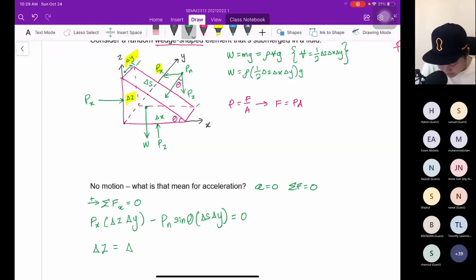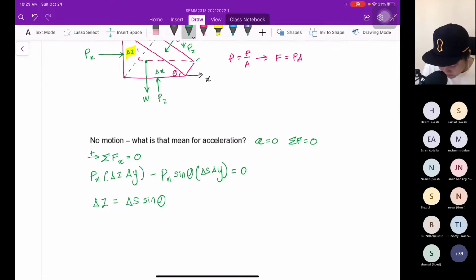This is the conversion: in order to get delta z, the slanting must be multiplied by sine theta. Clear? So let's substitute in this formula. You can see we have sine theta and delta s, so here we can replace it with delta z. The replacement becomes like this.